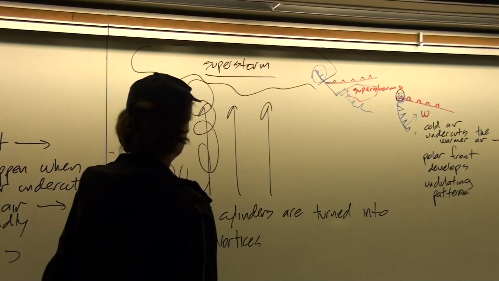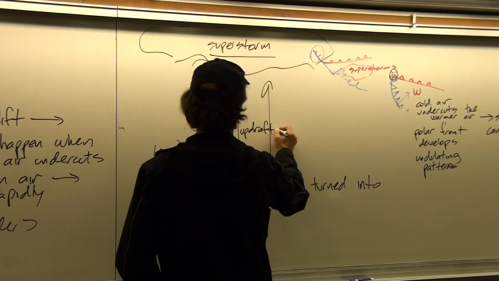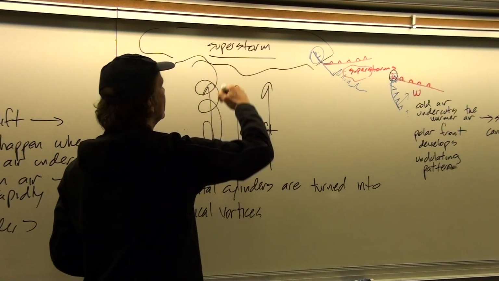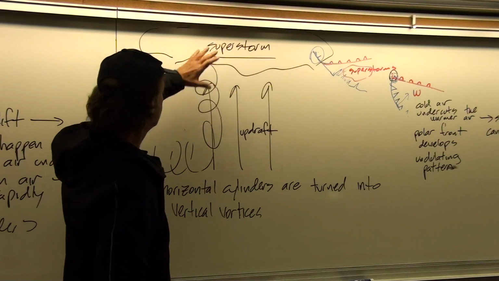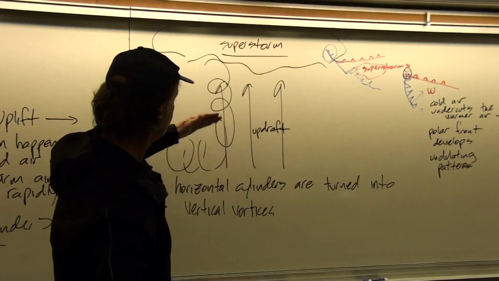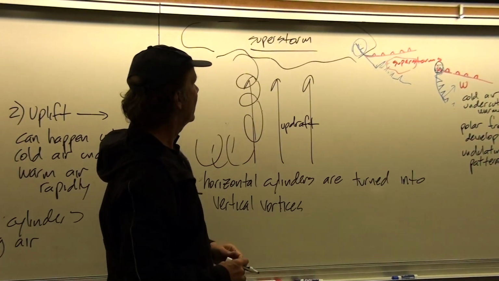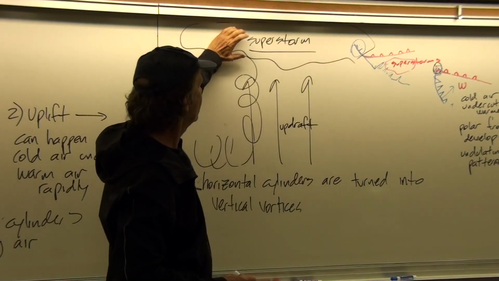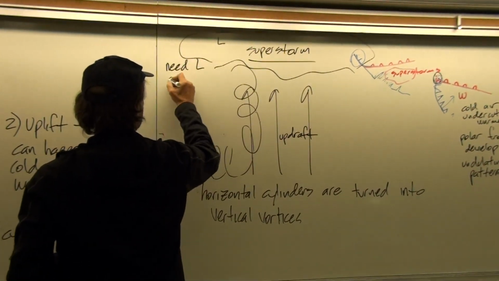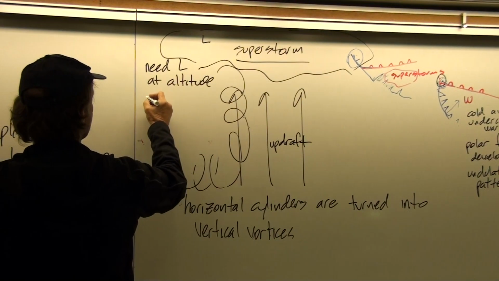And so the superstorm then can generate this strong updraft from colder air undercutting warmer air. And then the warmer air, being less dense, tends to rise up quickly. So it could take these rotating cylinders along for the ride and lift them up from this horizontal orientation to this vertical orientation, and can then connect in with the lower pressure at altitude. So you need low pressure at altitude to enhance this uplift.